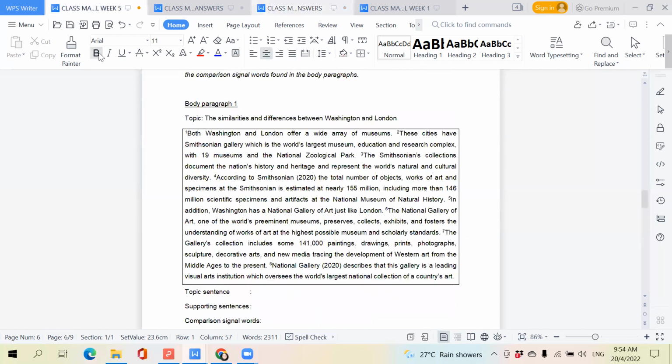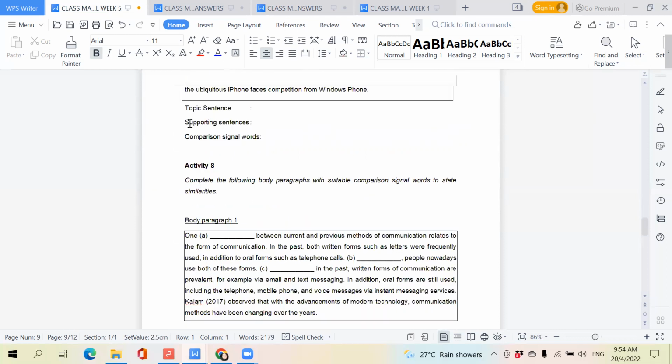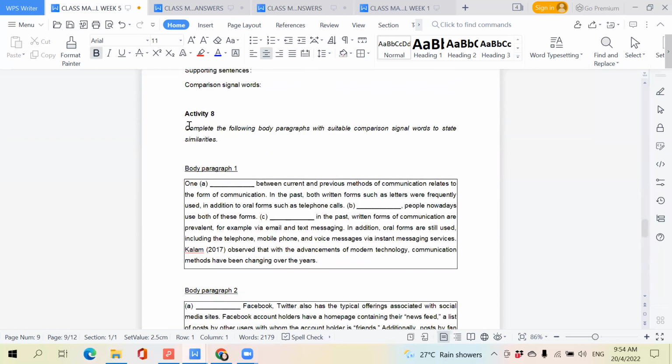Now let's look at activity 8. Activity 8 wants you to complete the following body paragraphs with suitable comparison signal words. This one is easy. It wants you to identify what kind of comparison signal words. Like I said, in the English language, you have many types of transition signal words.